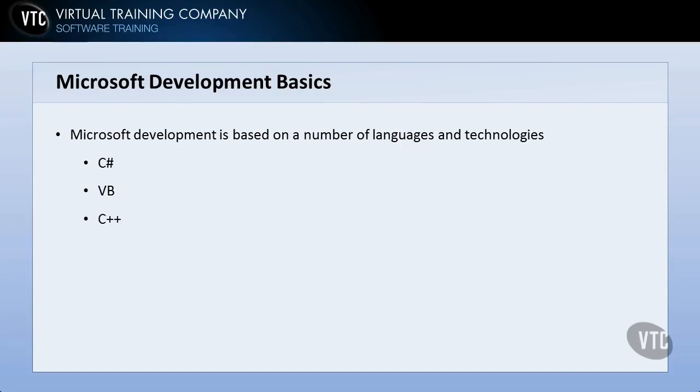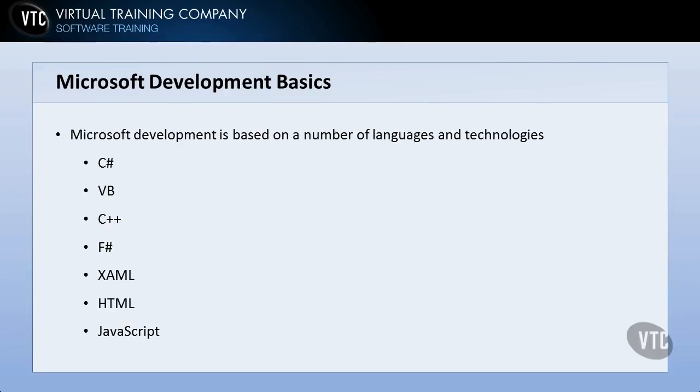Then C++, F#, and XAML, which is used to build the Windows Store applications if you want to put an application up for sale in the Windows Store in Windows 8 and Windows 8.1. And then, of course, our old friend HTML, and JavaScript to handle scripting functions in our HTML environments.